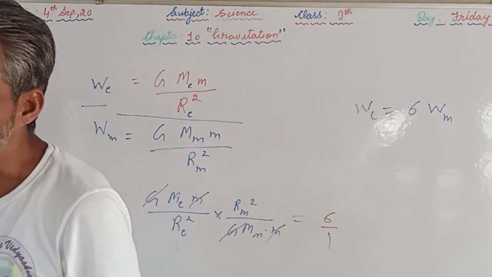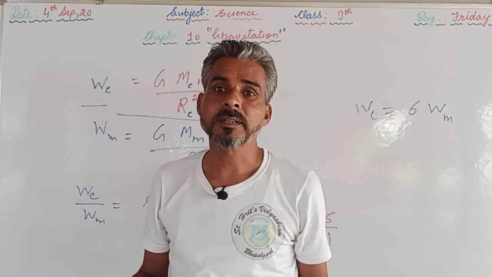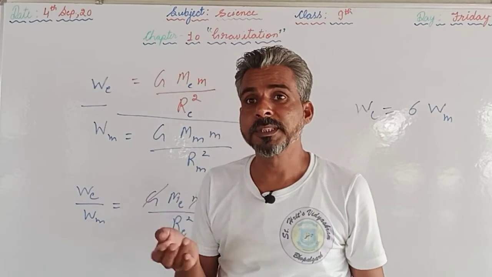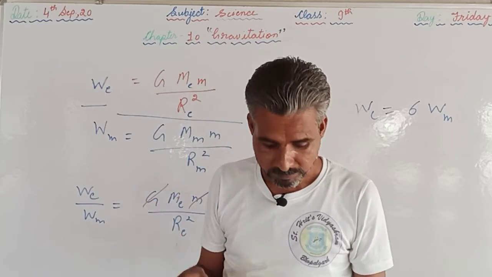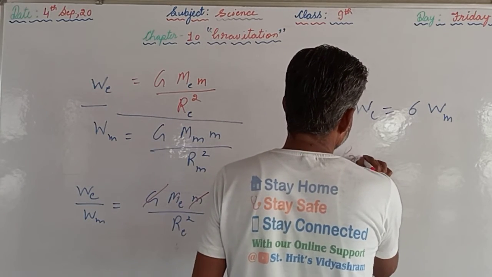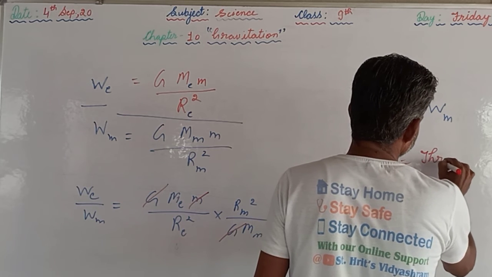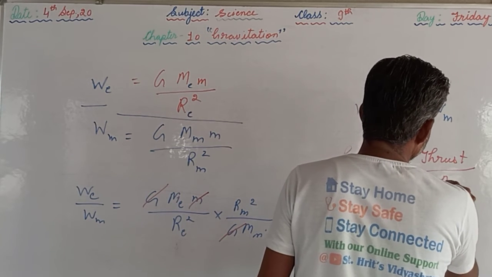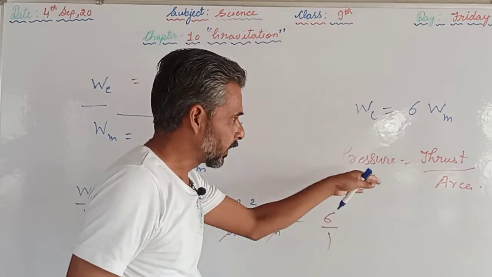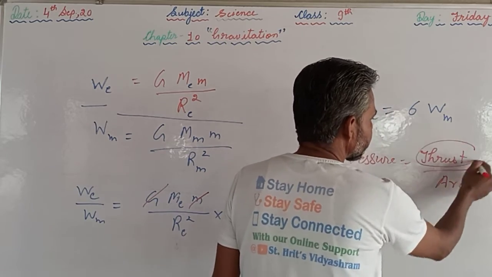And what is pressure? Pressure we have discussed, I think, in the previous classes as well. Pressure is thrust per unit area, and thrust is a force. The SI unit of thrust is the Newton. So pressure is equal to thrust upon area. What is the SI unit of thrust?